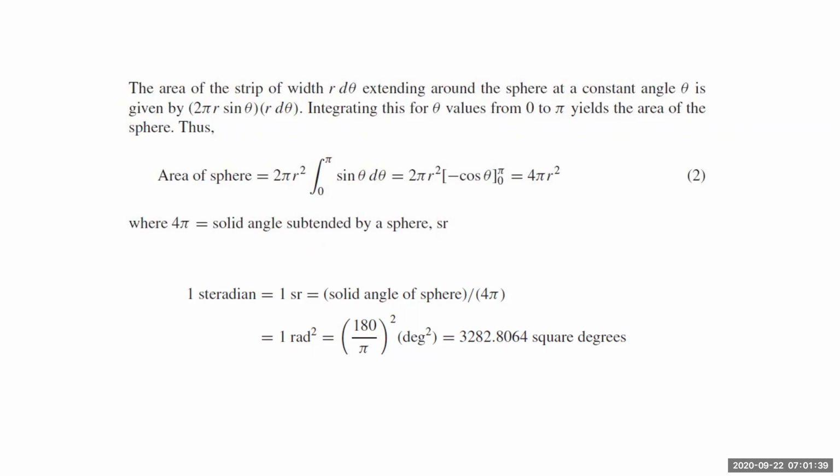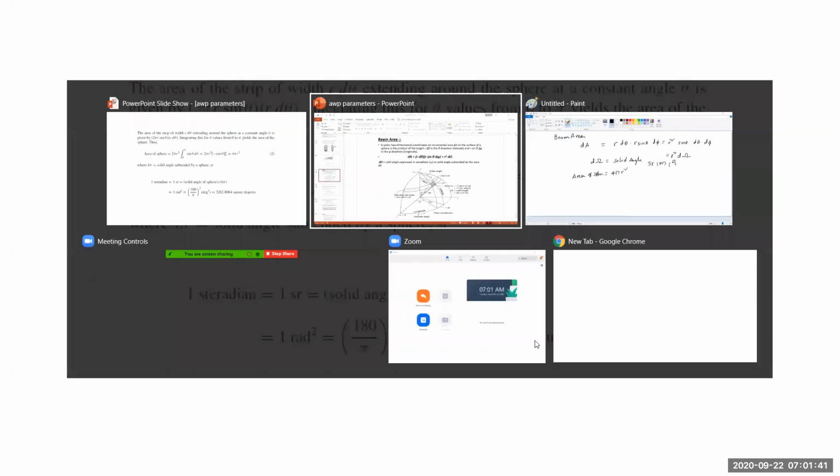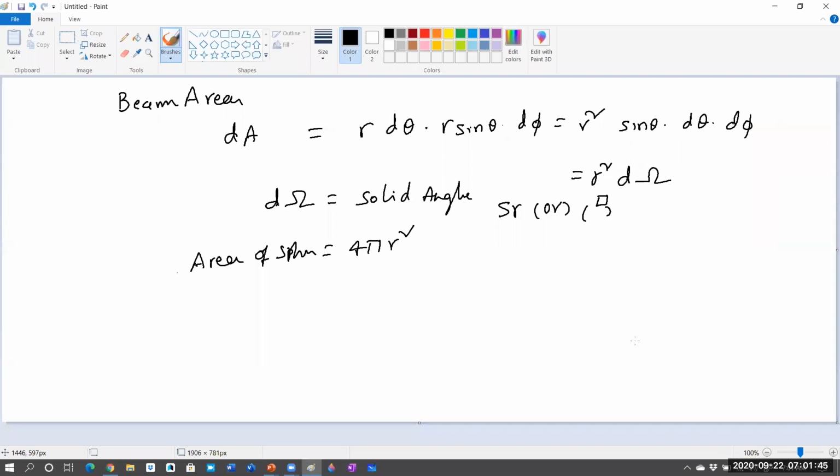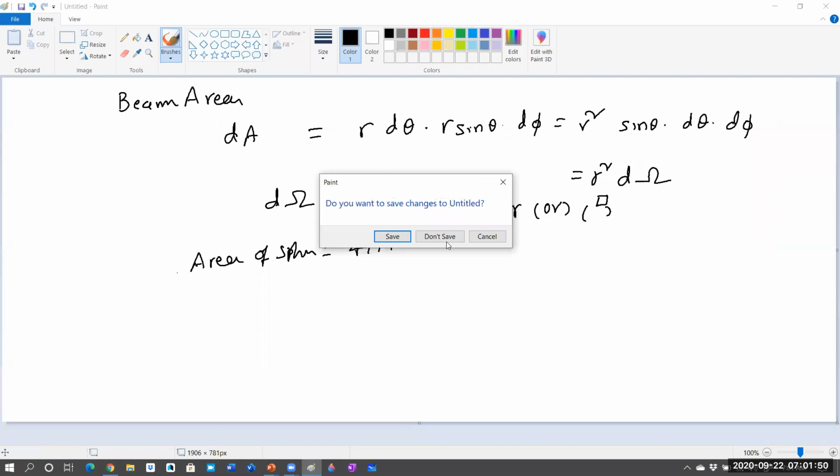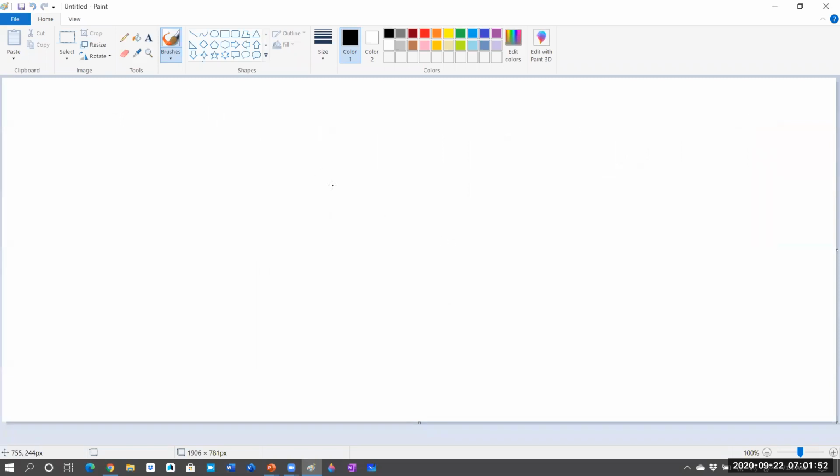The basic difference between a radian and a steradian.